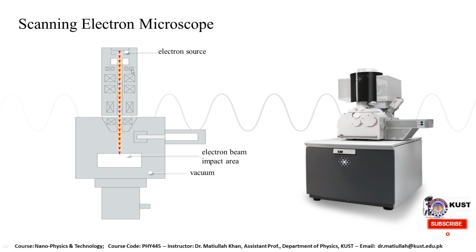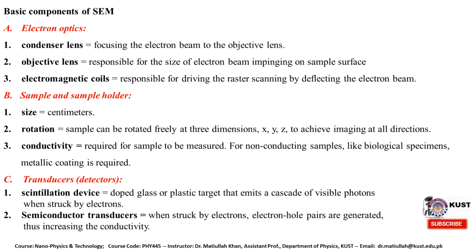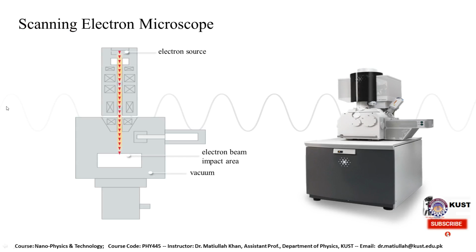These are the condenser lenses, and the condenser lenses are used to concentrate the electrons, or focus the electrons, on the objective lens. The electrons finally fall on the sample, and we can get information from the backscattered electrons and create the image from that backscattered electron information.